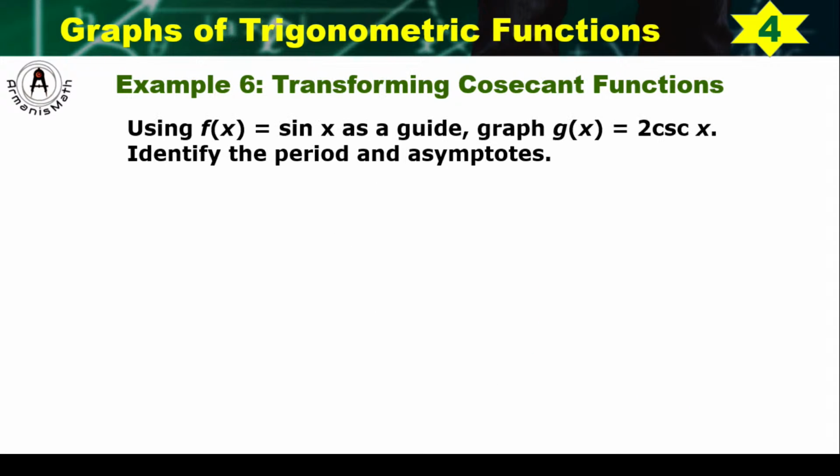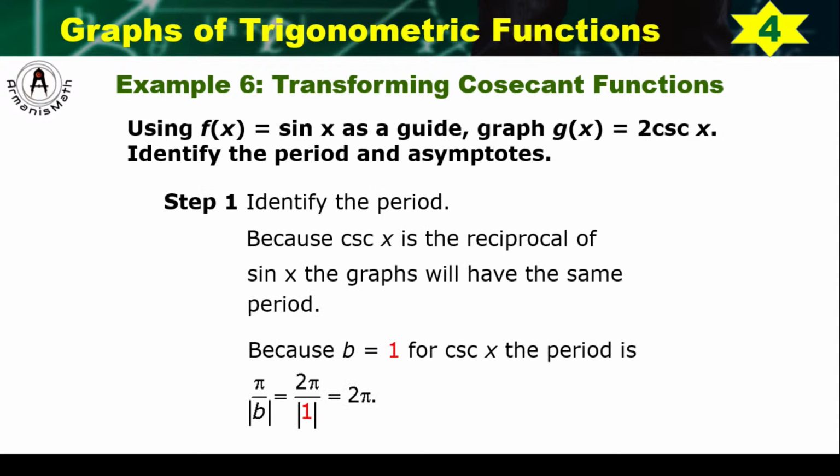And lastly is going to be this one here. This is a cosecant graph, which is, again, we're using the sine as a guide. And we have 2 cosecant of x. I'm going to find the period, which is 2 pi over 1 in this case, because whatever is next to the x is going to be that b, so 2 pi.